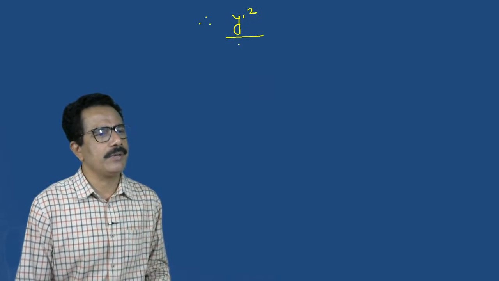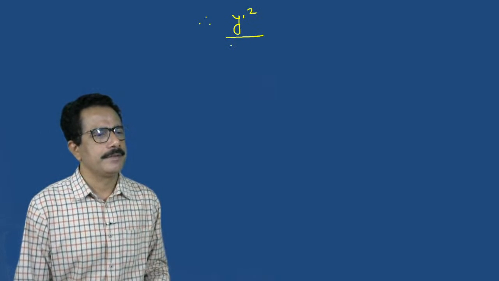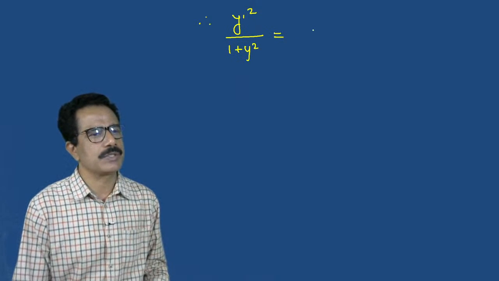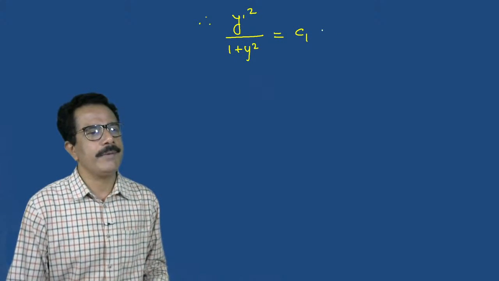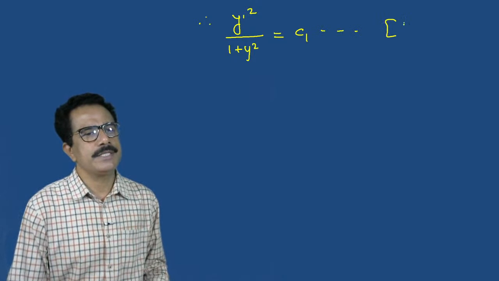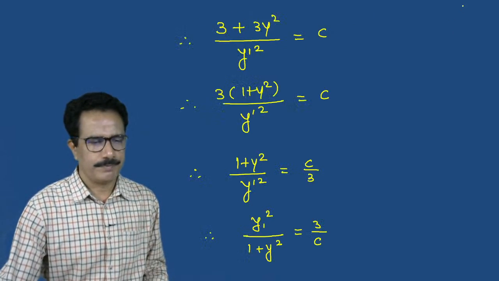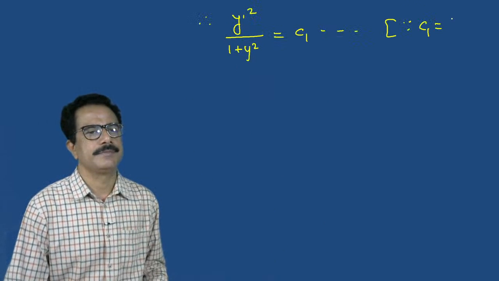Therefore y dash square divided by 1 plus y square is equal to c1. We consider c1 equal to 3 by c.